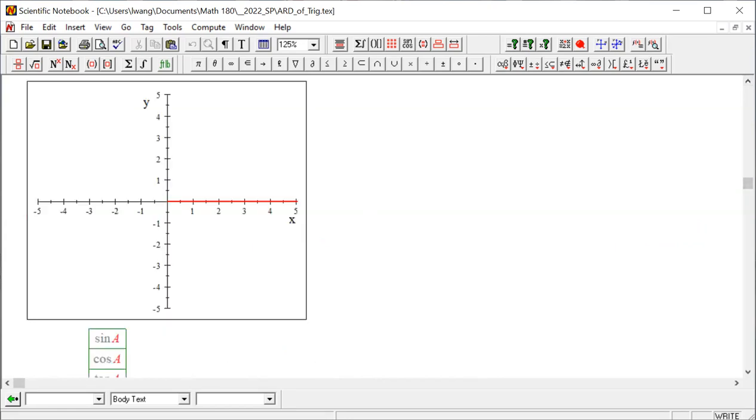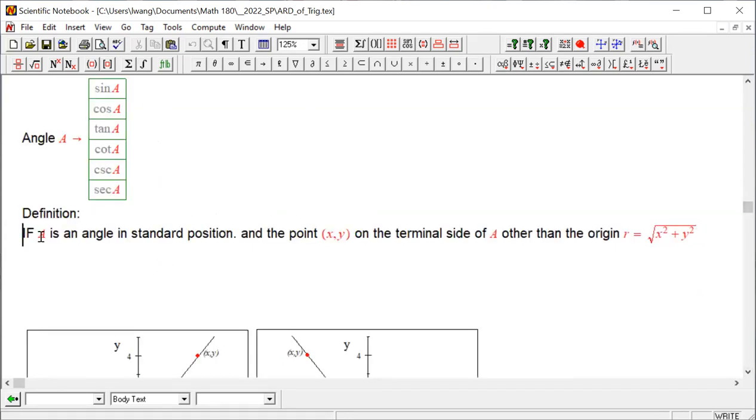Okay, the definition says: if A is an angle in standard position, and the point x comma y is on the terminal side of A, other than the origin. What does that mean?